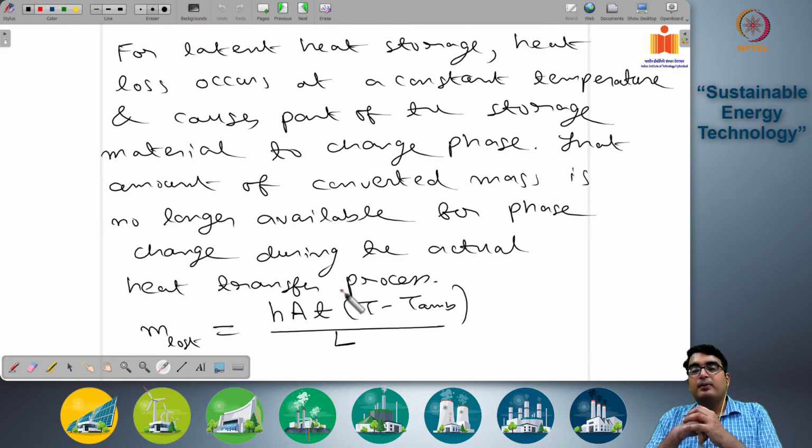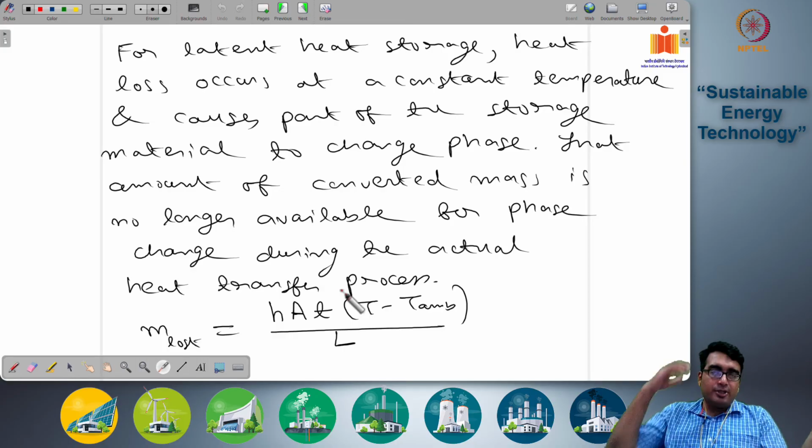Okay. Now for latent heat storage, heat loss occurs at a constant temperature and causes part of the storage material to change phase. So in latent heat, there is no decrease in temperature of the storage material. Instead, there is a decrease in mass of the storage material, because suppose you are starting with 100 kg of steam.